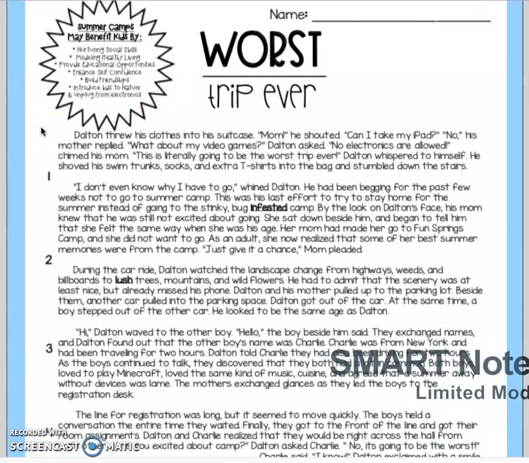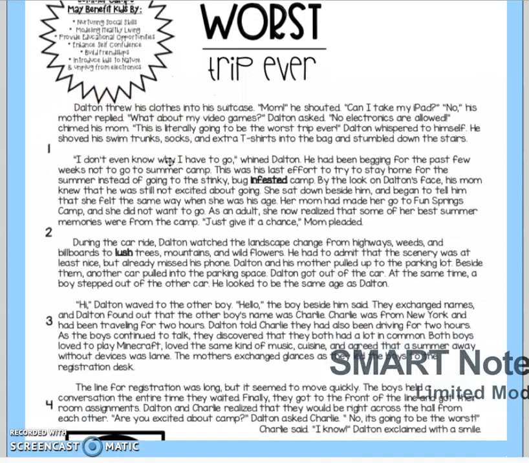The Worst Trip Ever. Dalton threw his clothes into his suitcase. "Mom," he shouted, "can I take my iPad?" "No," his mother replied. "What about my video games?" Dalton asked. "No electronics are allowed," chimed his mom. "This is literally going to be the worst trip ever," Dalton whispered to himself.